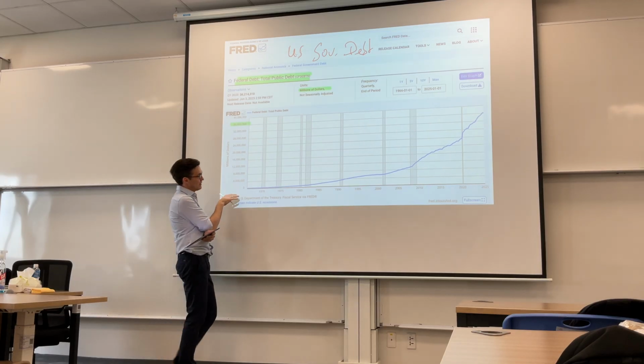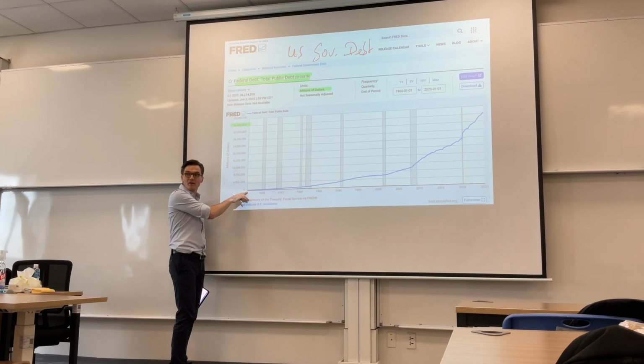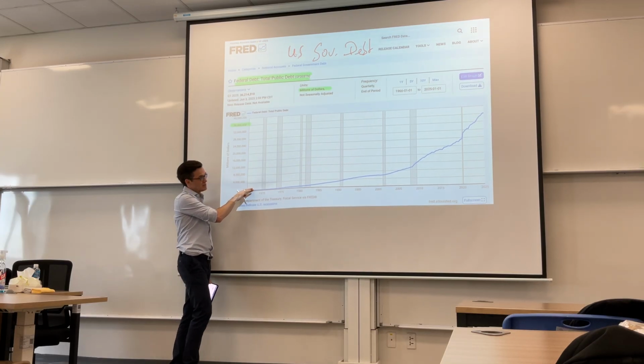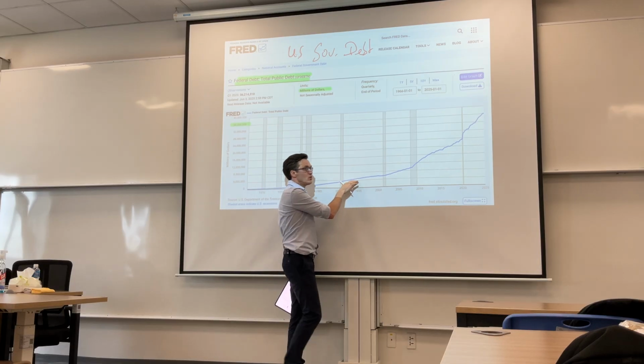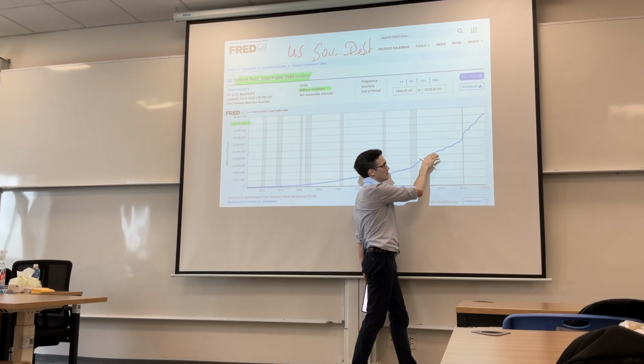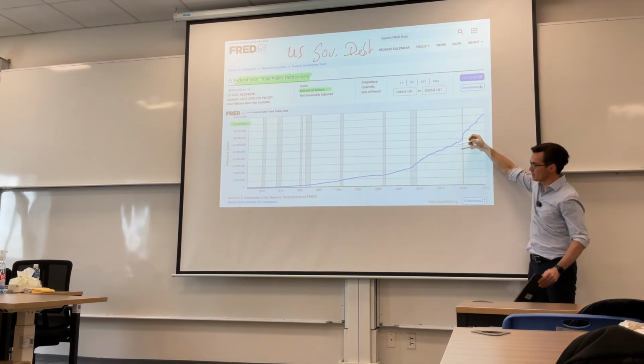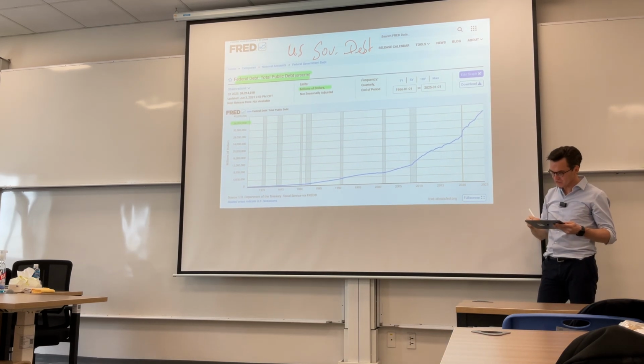So what you see is over the last 60 or so years, 65 years, the nominal value of US government debt has increased almost all the time. There are very few times when it fell a little bit. But then most lately, for instance, in the COVID pandemic, you see big jumps, right?